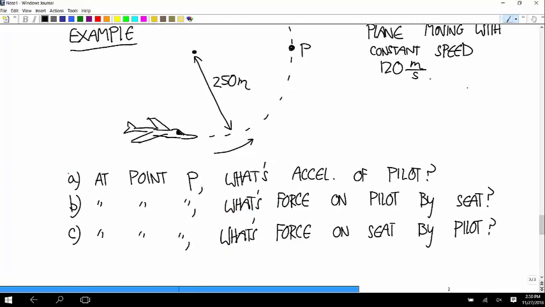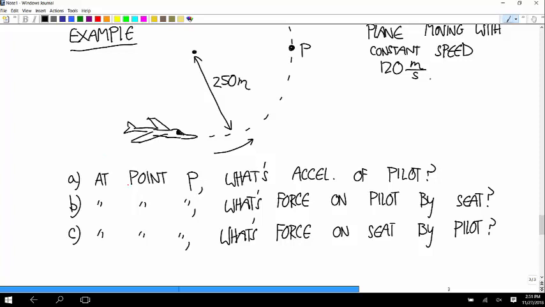A and C are very reasonable engineering questions to ask. If you know a particularly sketchy maneuver that the plane is going to have to do, you want to know if it's going to require an acceleration that could be dangerous.